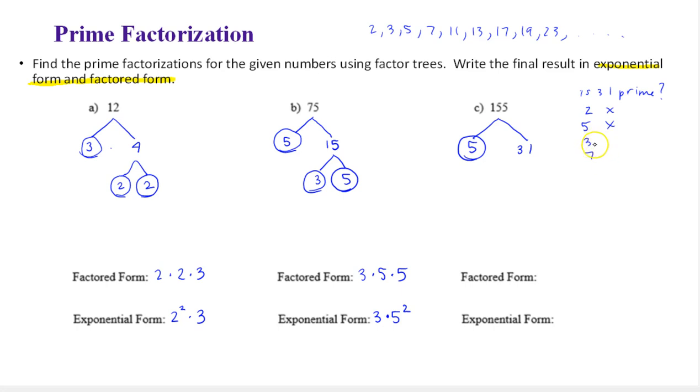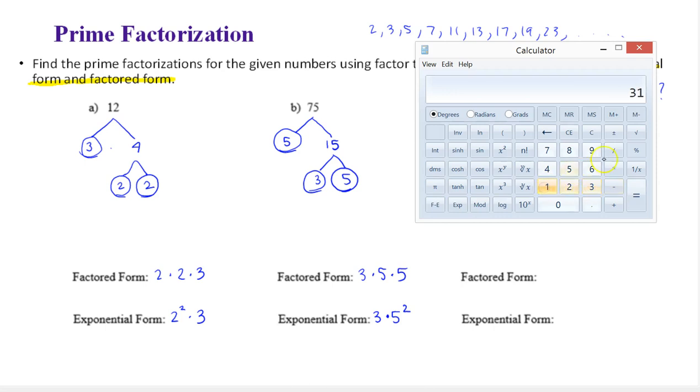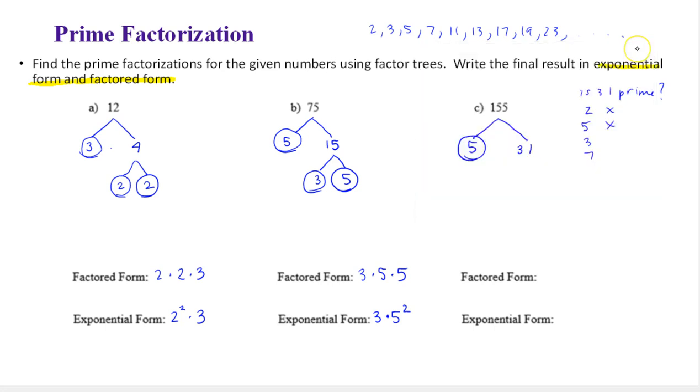And you might know this from your multiplication facts. If I divide 31 by 3, I will get 10 remainder 1, which looks like that as a decimal. And if I divide 31 by 7, well, I know 7 times 4 is 28, so it's a little bit bigger than 4, but not a whole number. So now I know that this number is definitely prime.